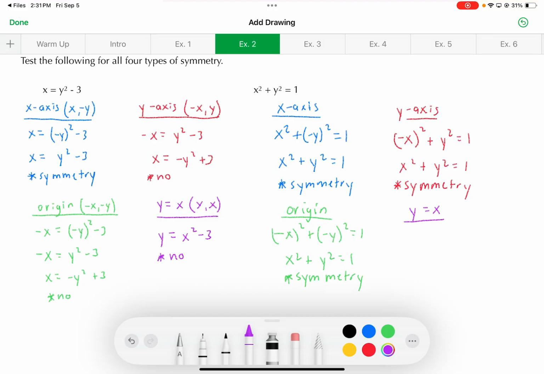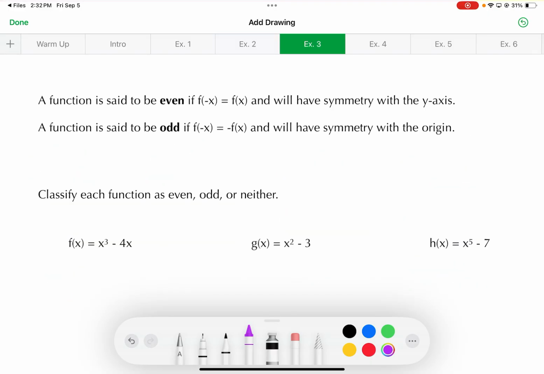Well, if I switch the x and the y, commutative property says that's the same as x squared plus y squared equals 1, yes? So as we reasoned out at the beginning, just by visualizing the graph, we do have symmetry in all 4 respects. All right, example 3.